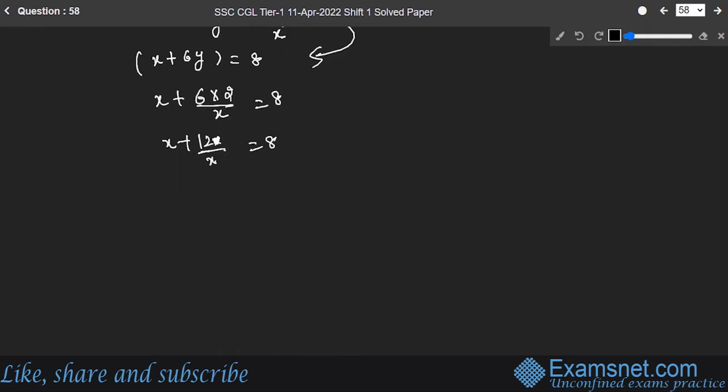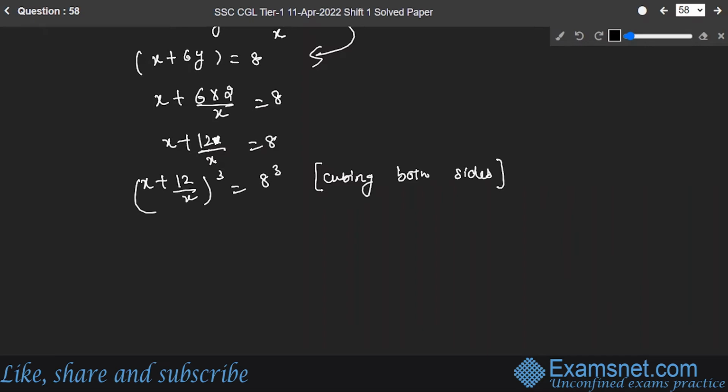So what shall I do now? I'll be cubing both sides. x plus 12 upon x whole cube is equal to 8 cube. How? I'm cubing both sides. Okay, correct? So now what you'll get is a cube plus b cube plus 3ab into a plus b.